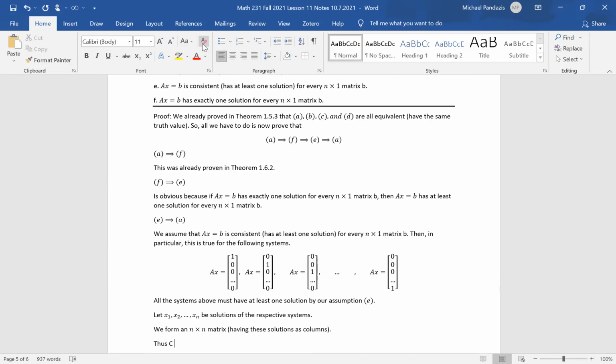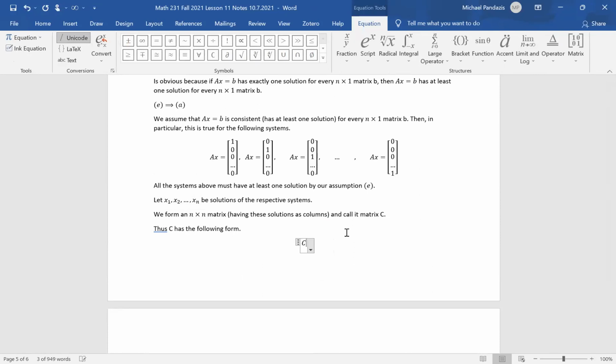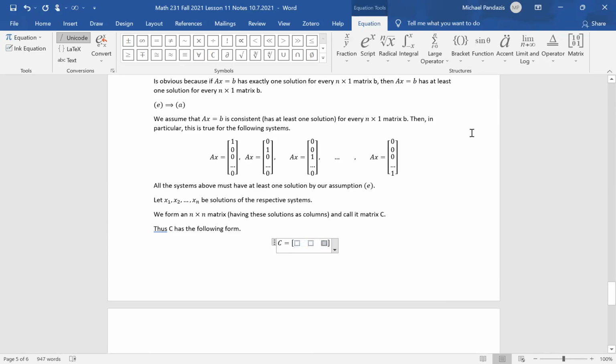We call it matrix C. So thus C has the following form: the first column is x1, the second column is x2, and it keeps going, dot dot dot, and the last column is xn.